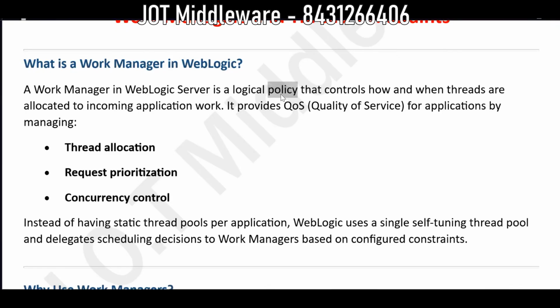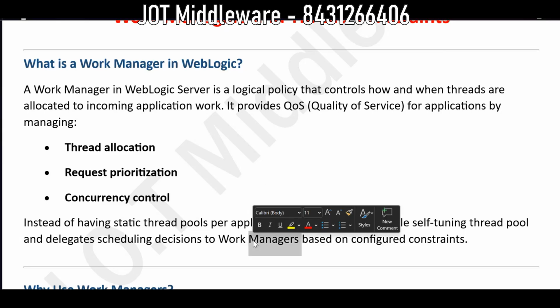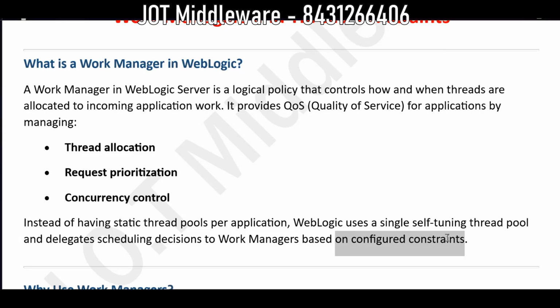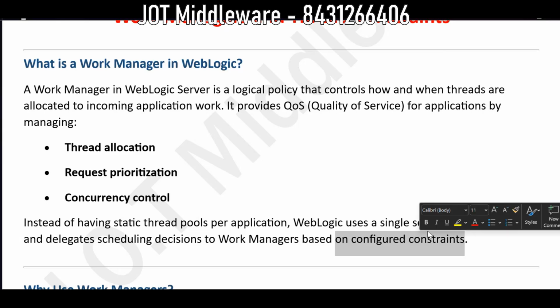So whatever values you provide to create a work manager for your applications, the self-tuning thread pool delegates scheduling decisions to the work manager to decide based on configured constraints and allocate the resources and threads accordingly, right?